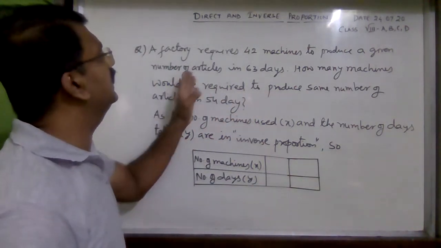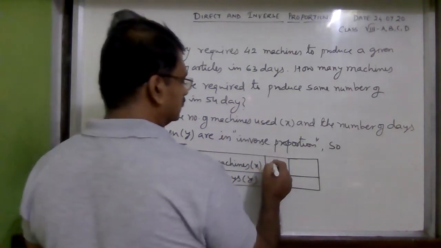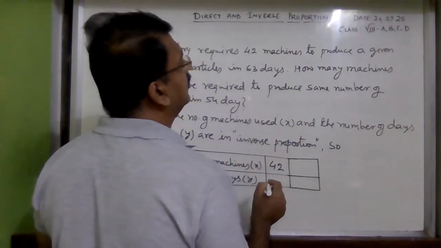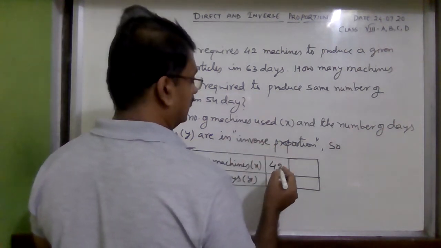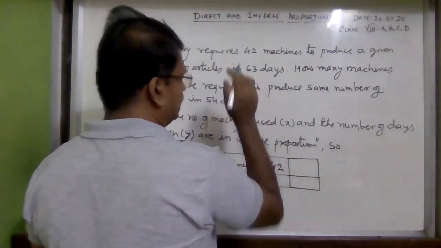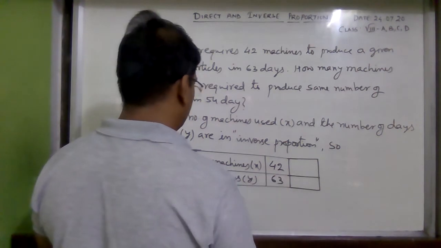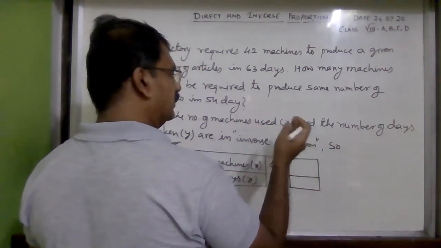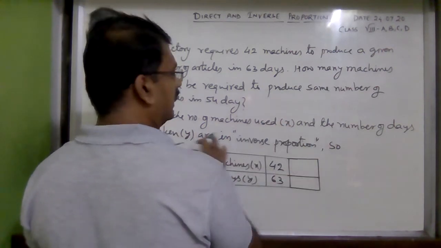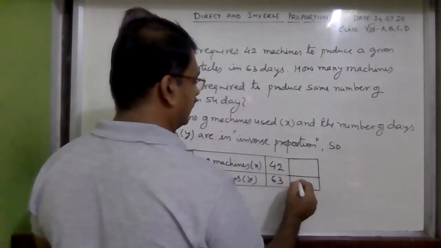Now see, initially 42 machines were there and to produce a certain number of articles, 63 days were taken. Now number of machines you have to find if the work has to be completed in 54 days.